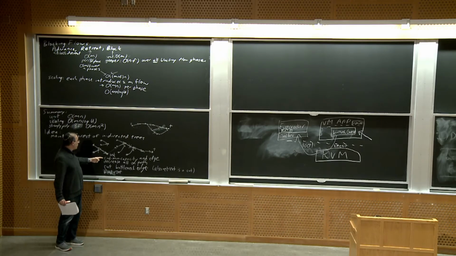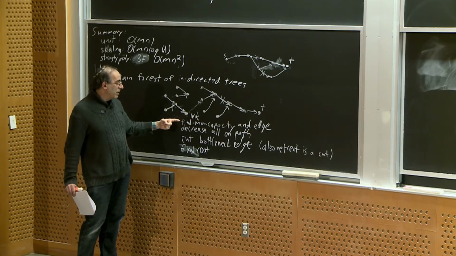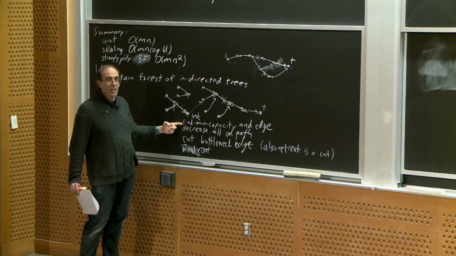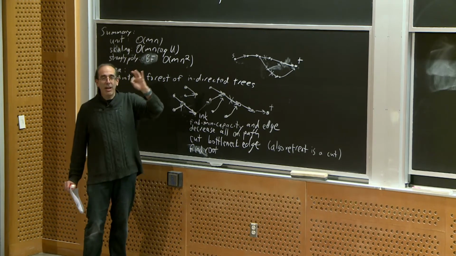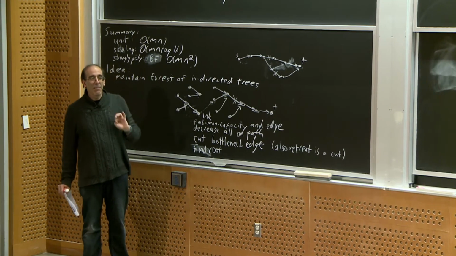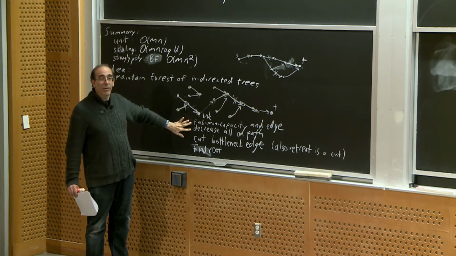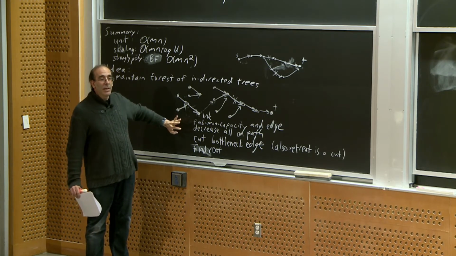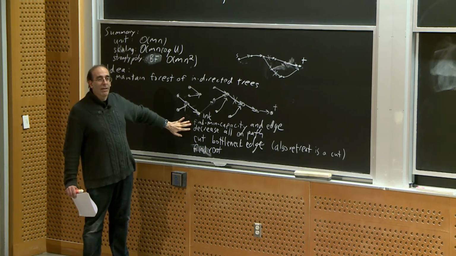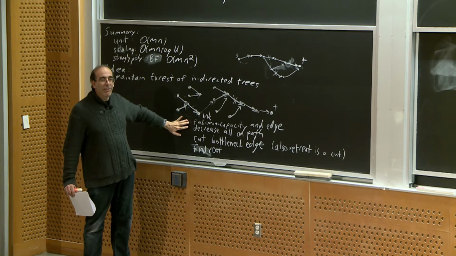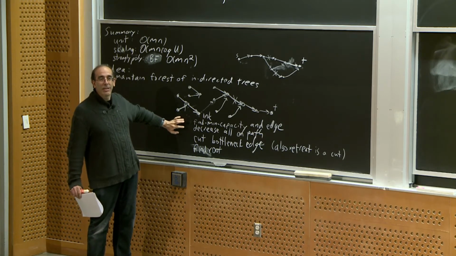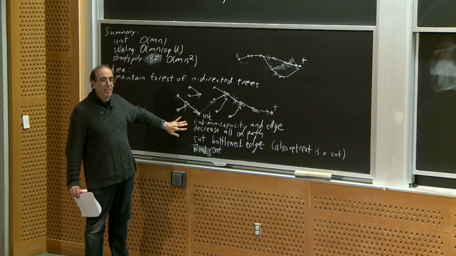But now the block work is captured in this min capacity and decrease all operations. I don't have to touch every edge on the path in order to do the block. I just have to perform these operations. Now, obviously, this means that the representation of the capacities is going to have to be implicit, right? I can't explicitly modify the capacity on every edge because that will take time proportional to the number of edges on the path.